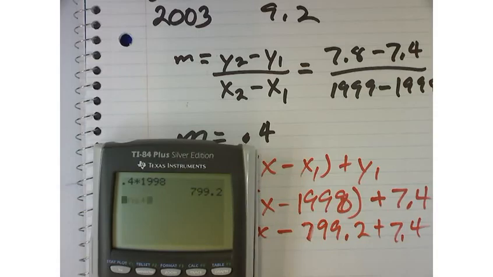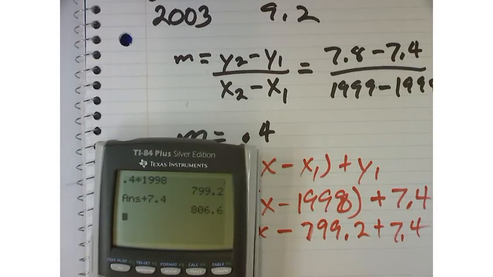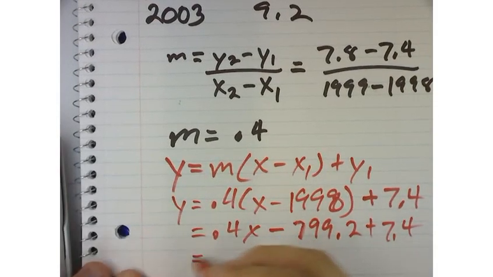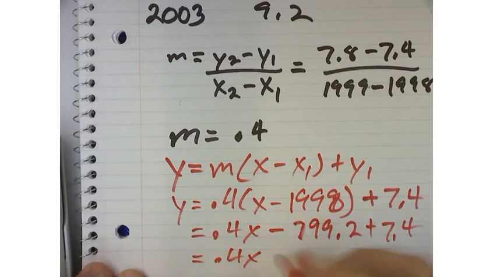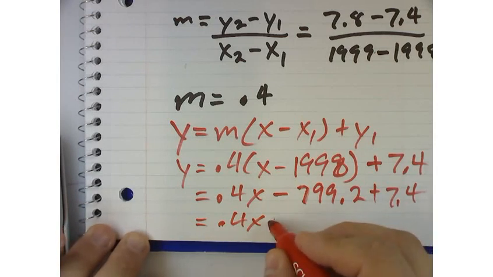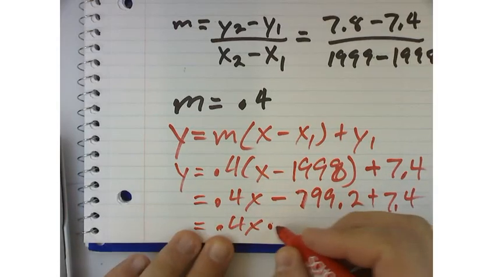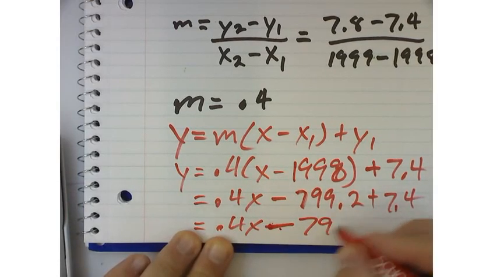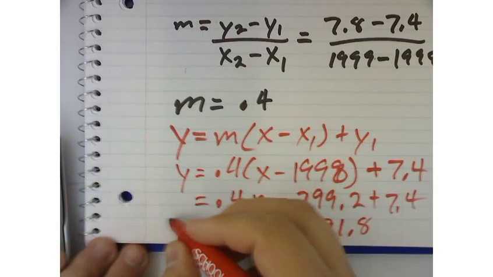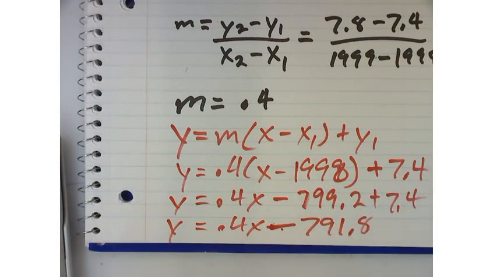So I'm going to add the 7.4. And so my final equation is 0.4x, oh wait, I got to subtract it. So if I say minus 7.4, it's a negative 791.8. So that's kind of our equation of the line.